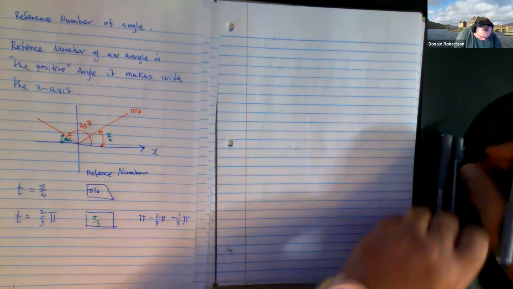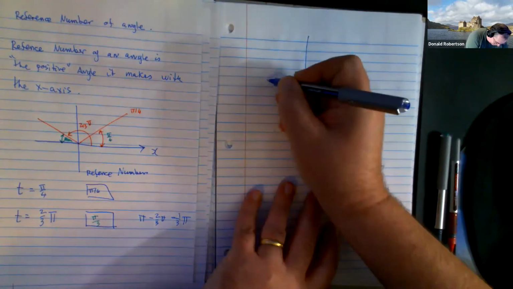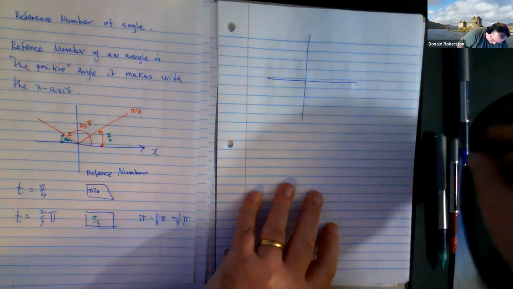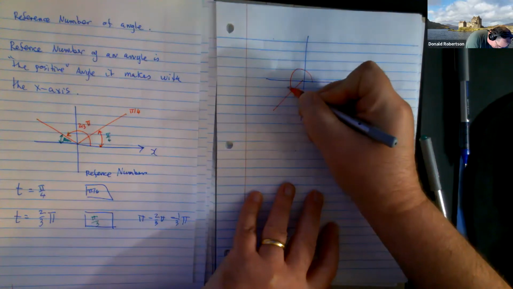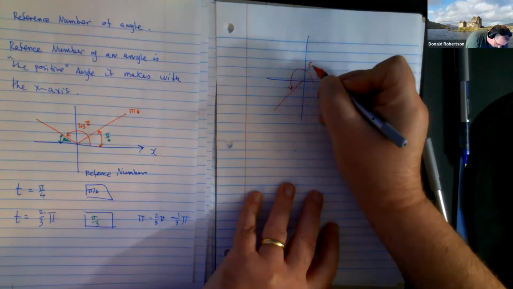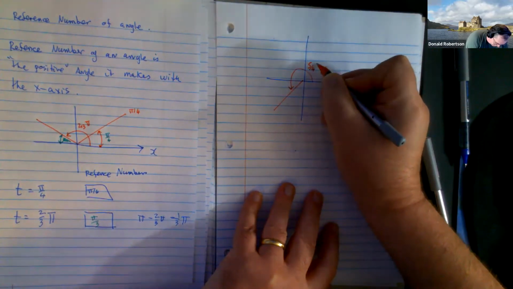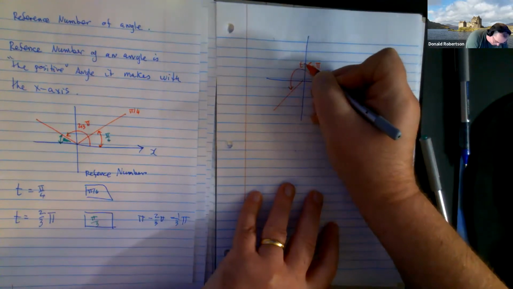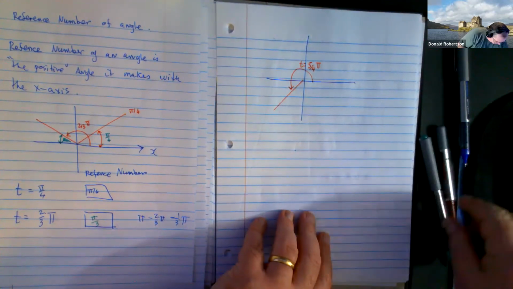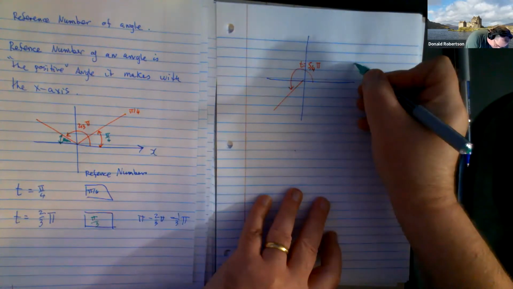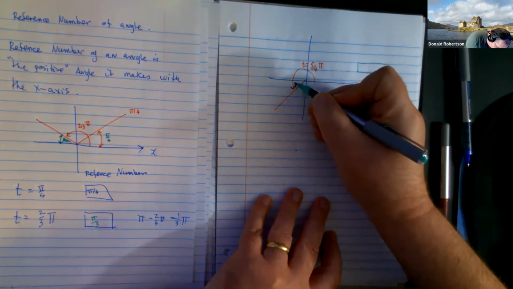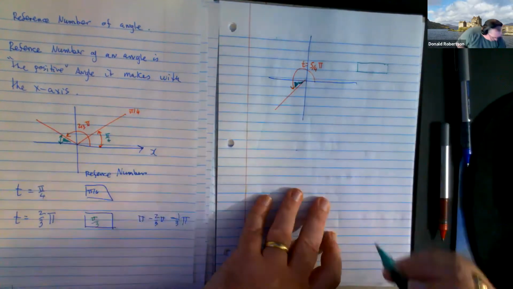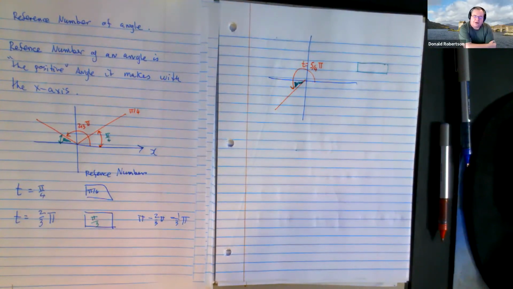Well, let's take someone in the third quadrant and see what that looks like. So let's take an angle here, that one there, and that angle is in the third quadrant. It's 5/4 pi. But the one we want is the reference number, right? That guy. What size is that angle?